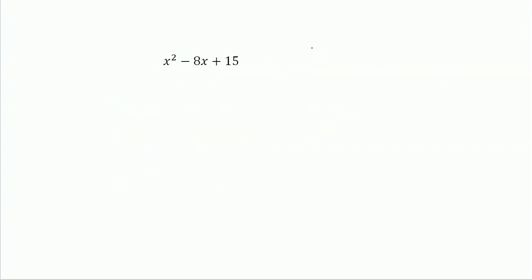Okay, so we have another one here now. So we're looking for two numbers whose sum is equal to minus 8. Not just 8, right? It's minus 8. And the product is equal to AC, right? Which is equal to the coefficient of x squared, 1, multiplied by C, which is 15, which is equal to 15.